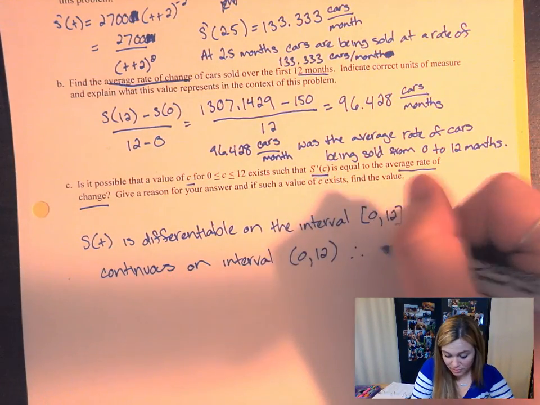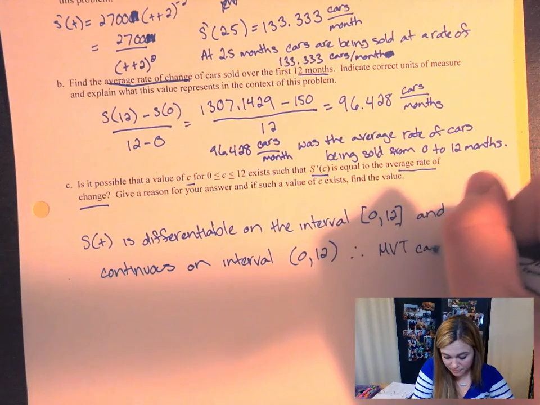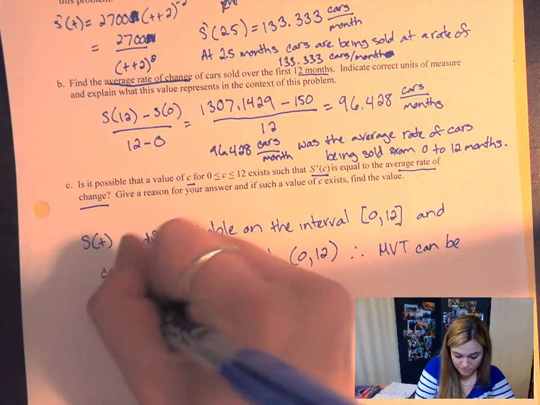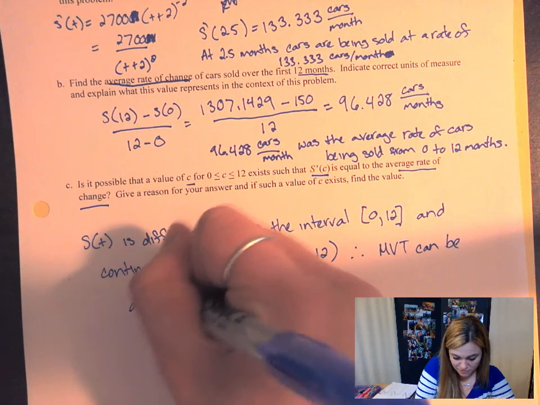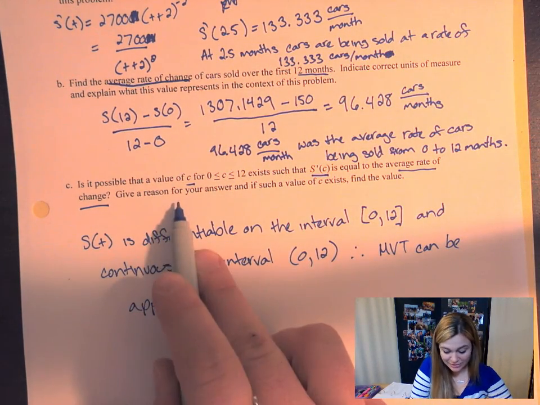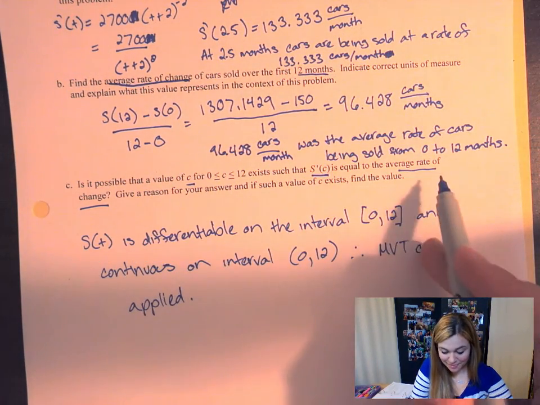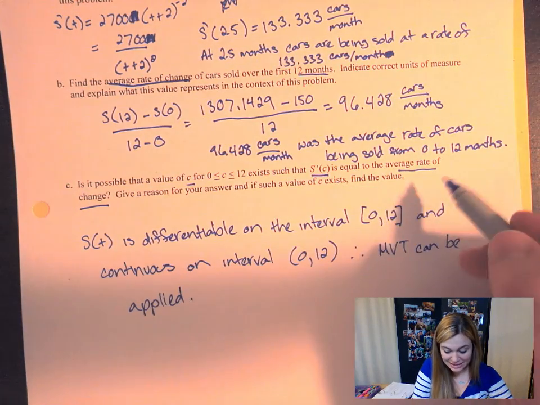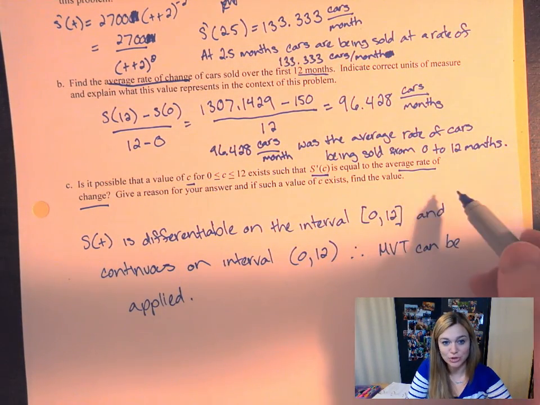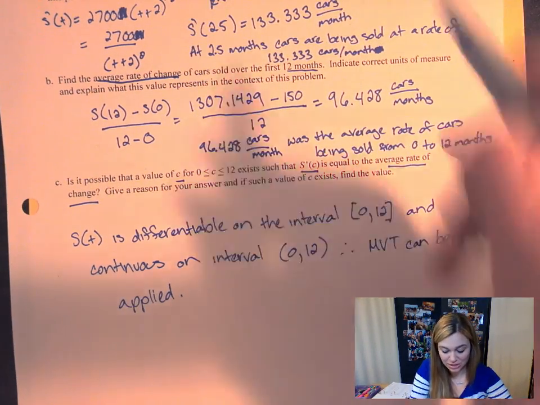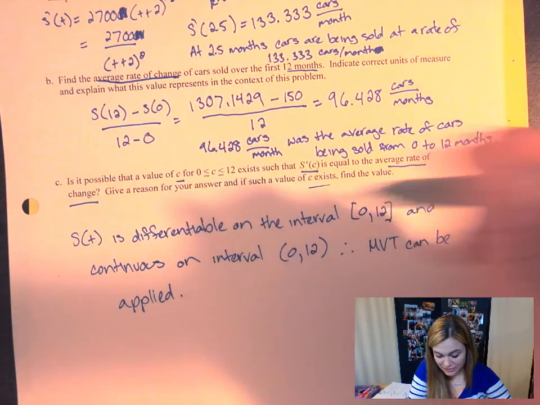Therefore, mean value theorem can be applied. So I gave a reason for my answer already. And then what this is, the mean value theorem is this: the average rate of change is equal to the instantaneous rate of change. This one says if the value of C exists, find the value.